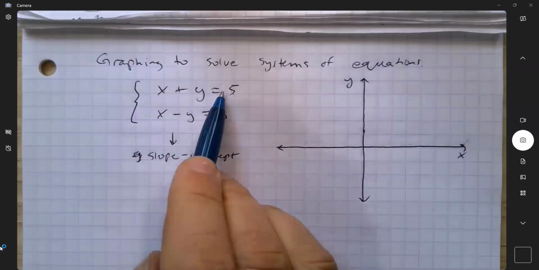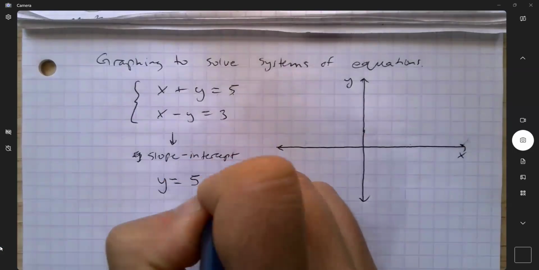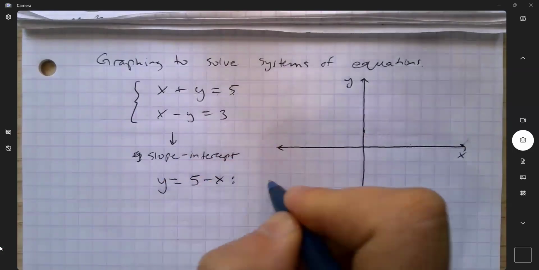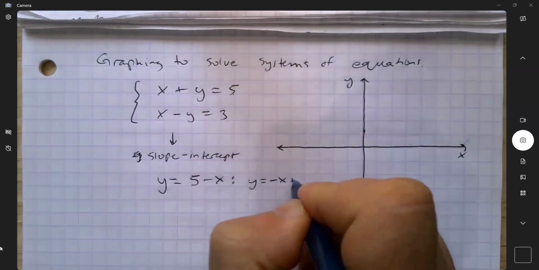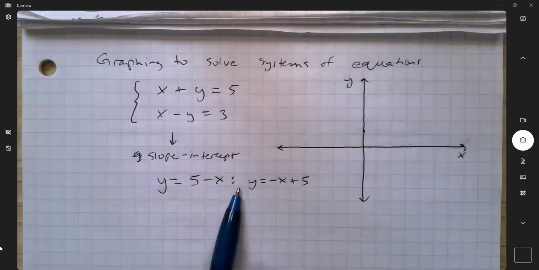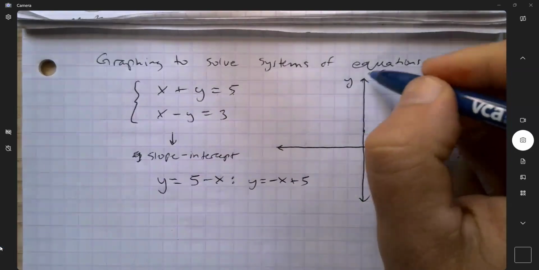If x plus y equals 5, then that means y equals 5 minus x, or I could write that as y equals negative x plus 5. If I add x to both sides, I get x plus y equals 5. So 1, 2, 3, 4, 5.